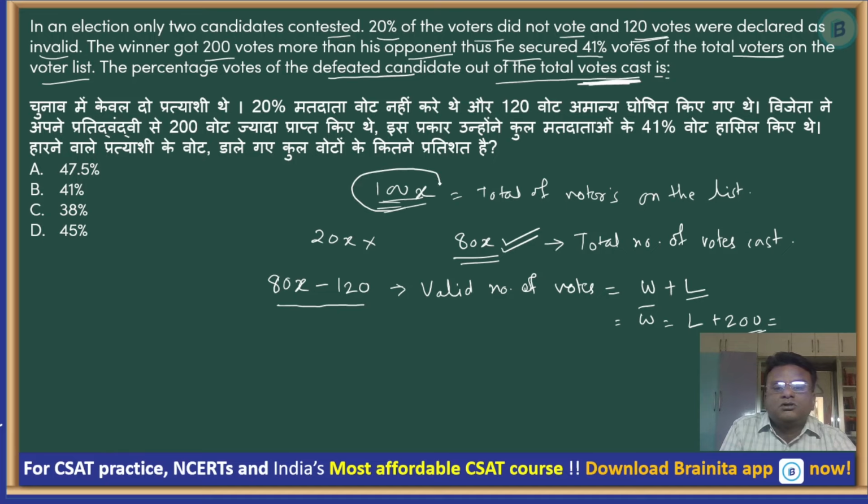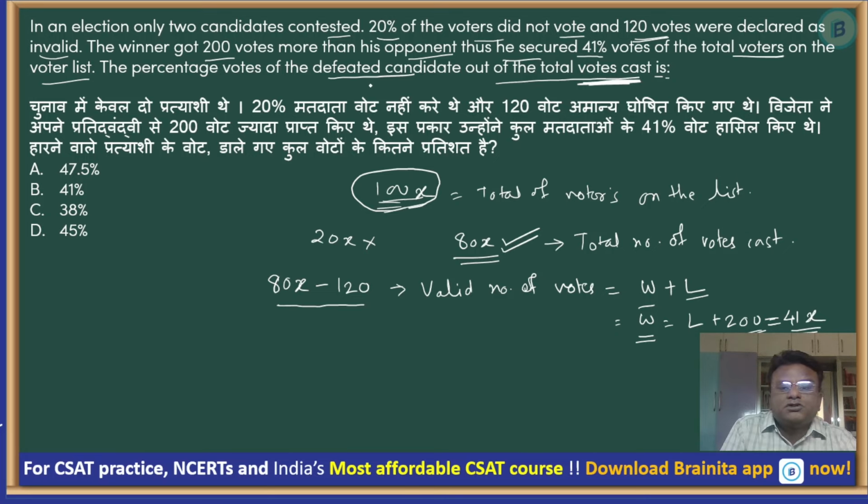So this is the total voters on the voter list. Its 41% is 41x. Right, 41% of 100x is 41x. So W, the winner's votes, is equal to loser votes plus 200, which is also equal to 41x. Right, so much information we got.